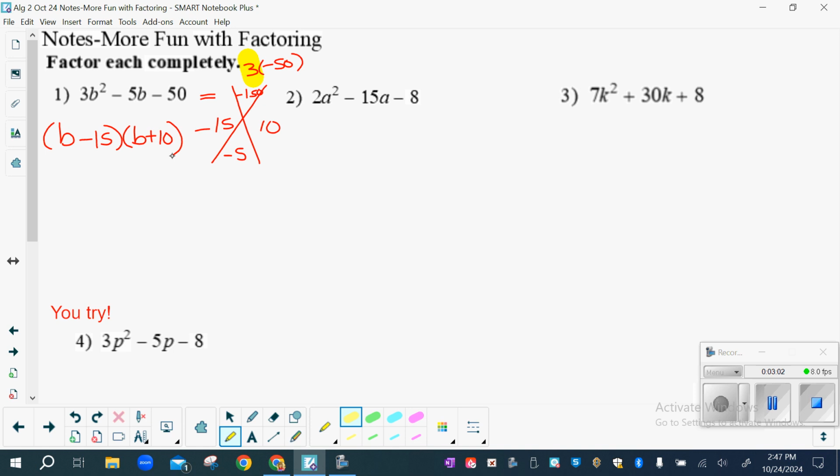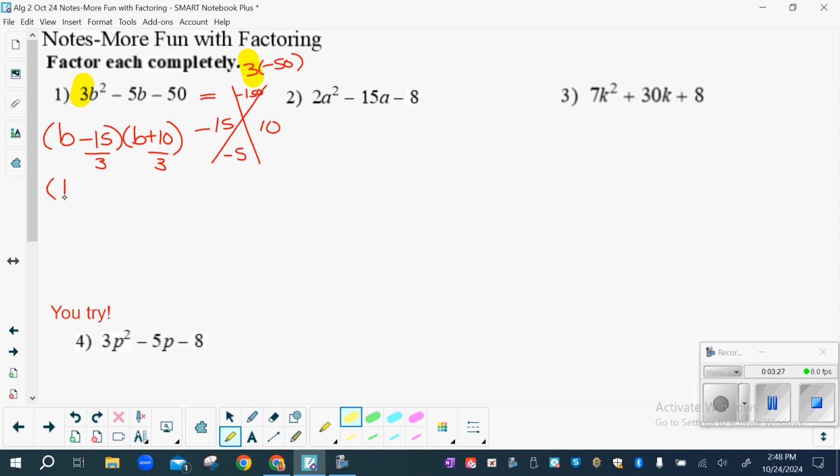And then if we multiply it out, it doesn't quite give us this here, does it? b times b gives us b squared, not 3b squared. So with this method, since we multiplied by 3, this doesn't give us 50, it gives us 150. So we have to divide out that 3 that we multiplied by on both of them with this method.